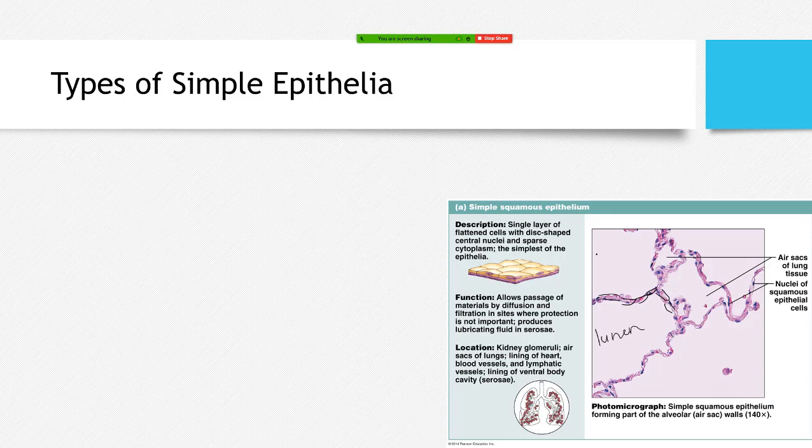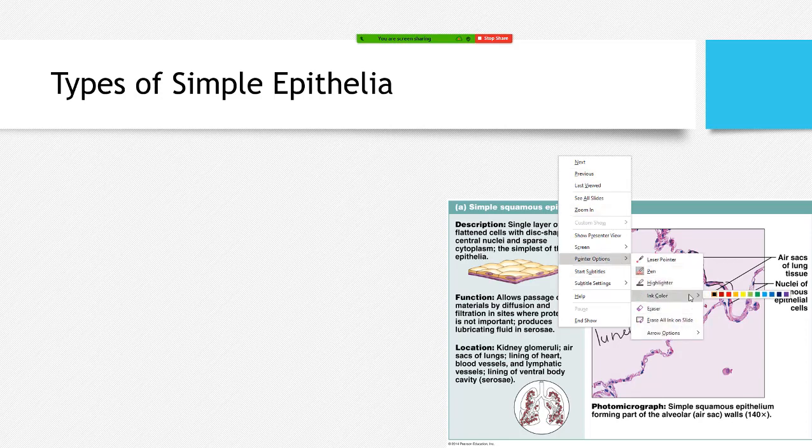This is a lumen here, so on and so forth. So if you take a look at this, how many layers of cells are these? It's just one single layer. Okay, so if we're taking a look at this lumen here and this surface, this is just one layer of cells.